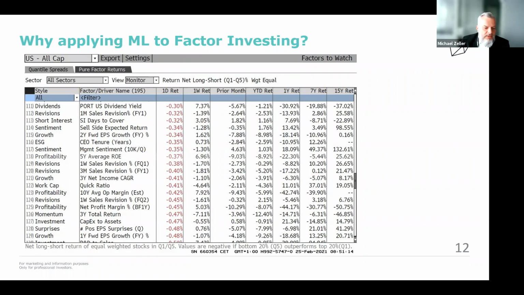For example, at the bottom you see the momentum and the 3 years total return. Of course, you could expand it and also use the 2 years total return or the 3 months total return or the 85 days total return. So you can expand it maybe almost to infinity. And this rule applies to almost all of these factors. So that means, of course, if you have such a large number of potential drivers and factors, it's for a human being almost impossible to make all the calculations.